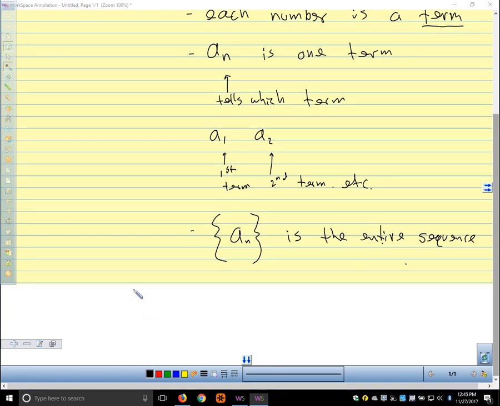So for example, a sequence could be 1, 1, 2, 3, 5, 8, 13, and so on. Anybody know what this sequence is? Yeah, this is the Fibonacci sequence. It has to do with spirals.